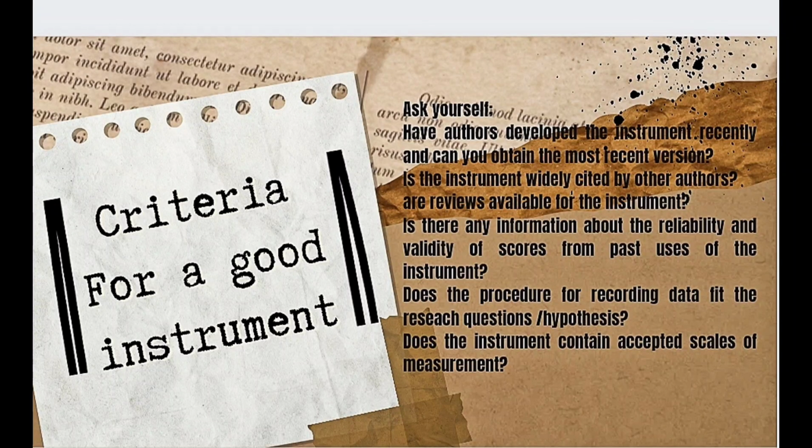So these criteria I have mentioned, particularly reliability and validity, recording procedures, and scales of measurement, play a crucial role in assessing the suitability of the instrument for research purposes.